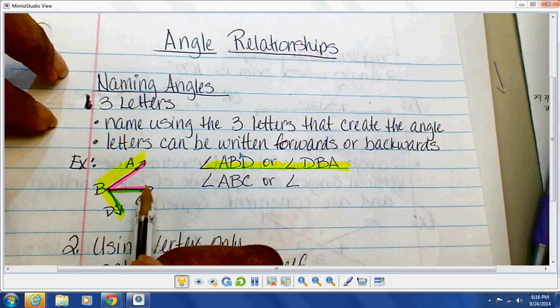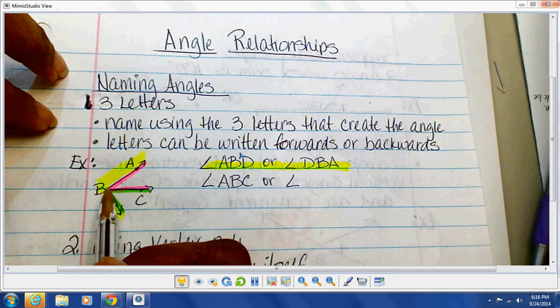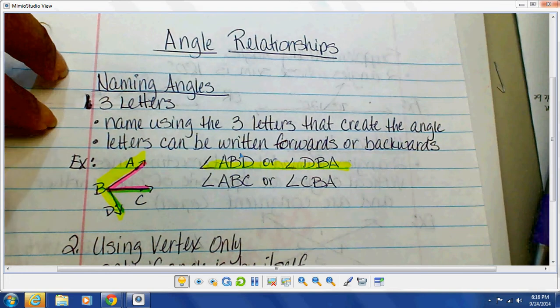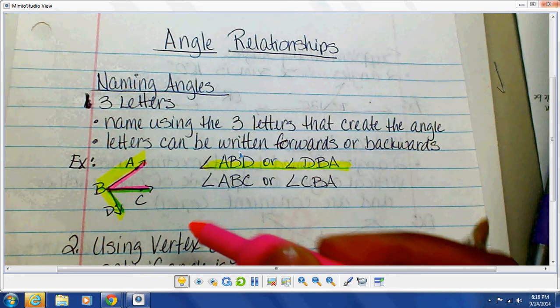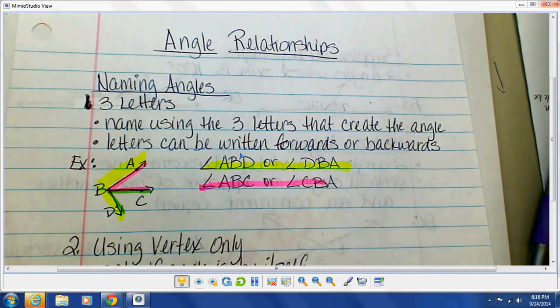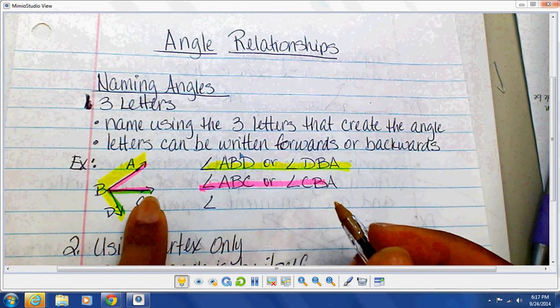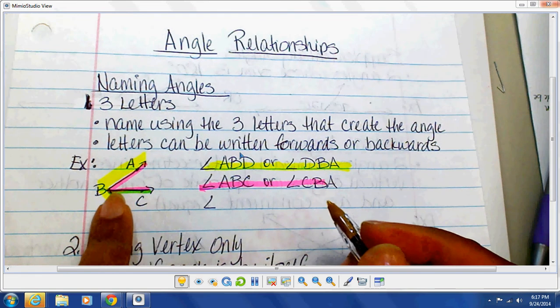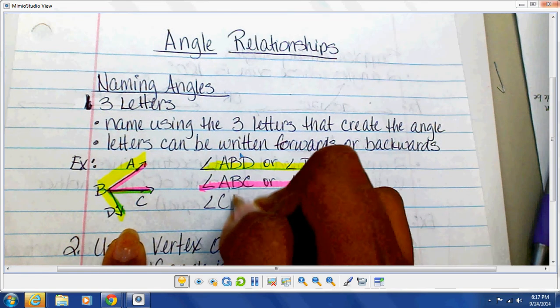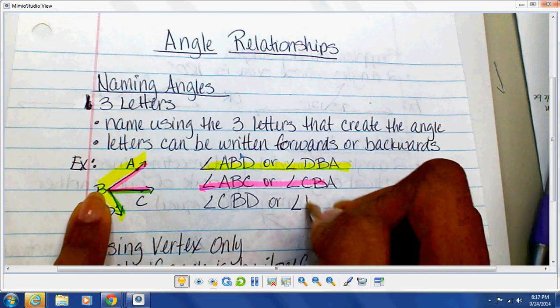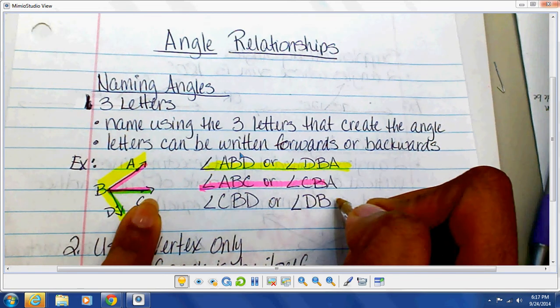So we can start at C, go to B, and then A. And that's the pink. Okay, and our last angle, which is the green one. I'm starting at one of the endpoints. I have angle C, B, D. Or I have angle D, B, C.